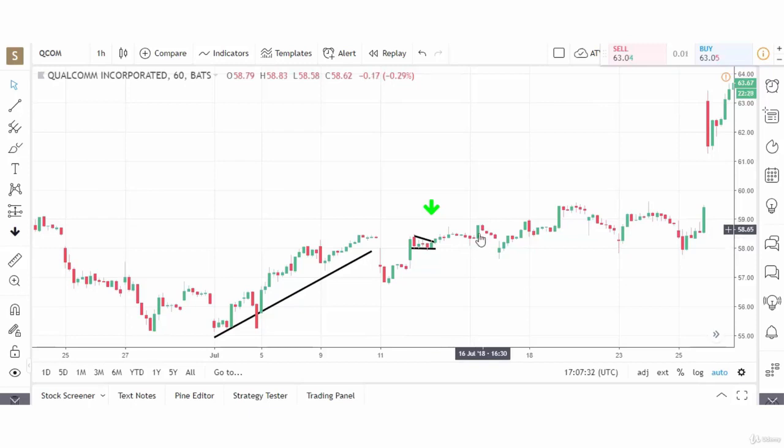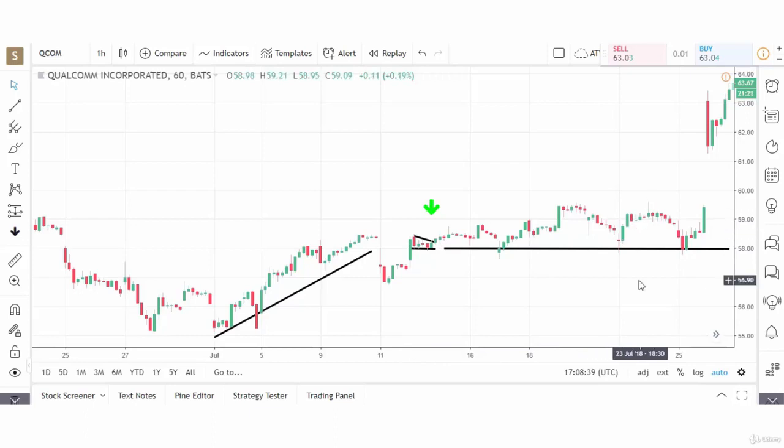We then have the stock coming back and testing this support level, which we can continue to draw here, and then moving up, bouncing off support, moving up, bouncing off again before it finally moves up off the 58 level back up to the 62 level and beyond. So our pennant ended up being longer term support on an hourly chart, which we could have used to keep us in a long trade until the stock finally made a move higher.